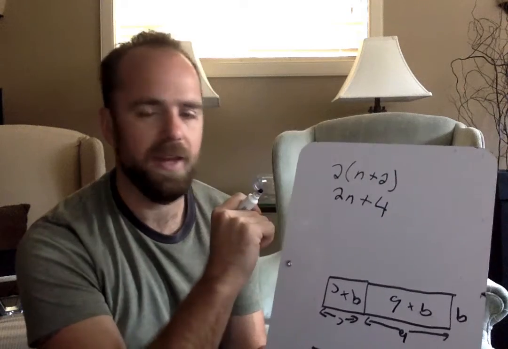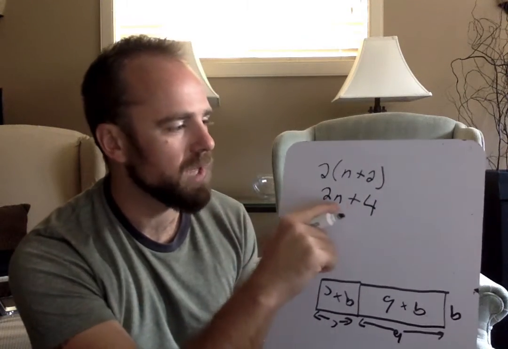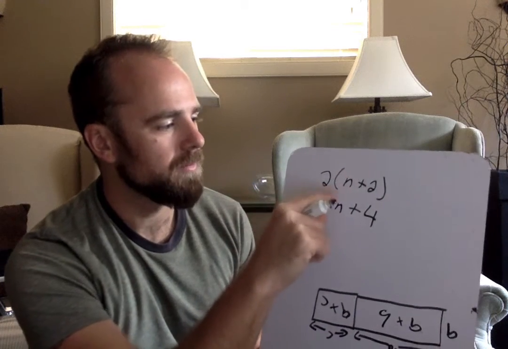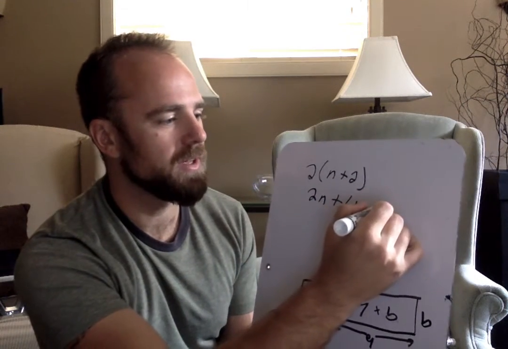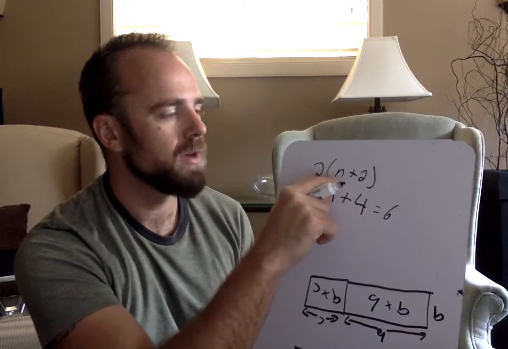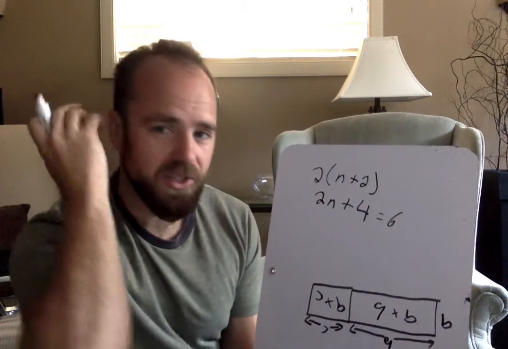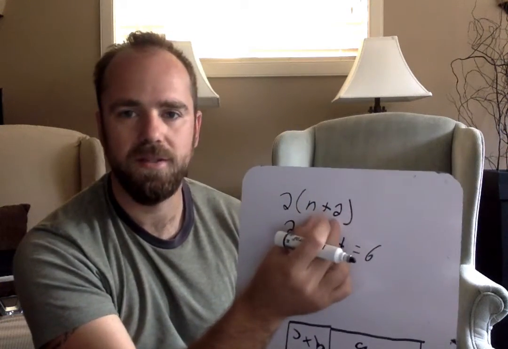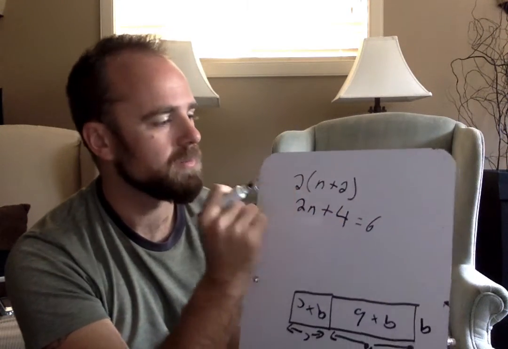Let's say if n equals 1, we would say 2 times 1 plus 2 equals 4. Let's see if that would work up here. Or sorry, that would give us 6. If n equals 1, we would get 6. Up here, if n equals 1, we would have 2 times 1 plus 3. Order of operations says we have to do the brackets first. So 1 plus 2 is 3, times 2 is 6.